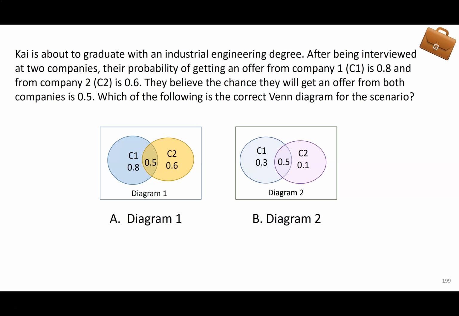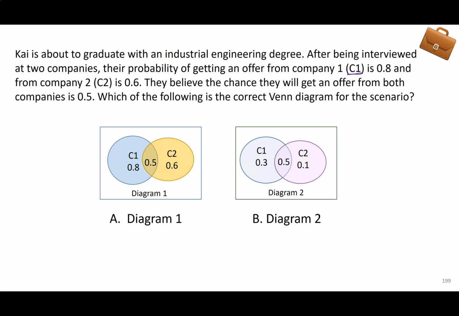So now, Buddy Kai, they're about to graduate with an industrial engineering degree. So they go ahead, they interview at 2 different companies. And I don't know where these probabilities would come from. Their probability of getting an offer from company 1, so C1, is 0.8. And the probability of getting an offer from company 2 is 0.6.